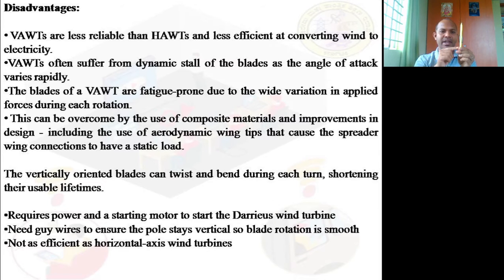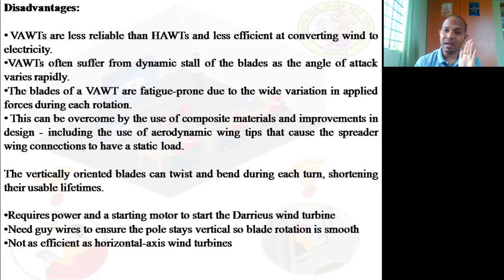If you have a blade like this, the wind which affects this blade will be different at different angles. The wind attack may be like this, like this, or like this. So the wind attack is a different one.